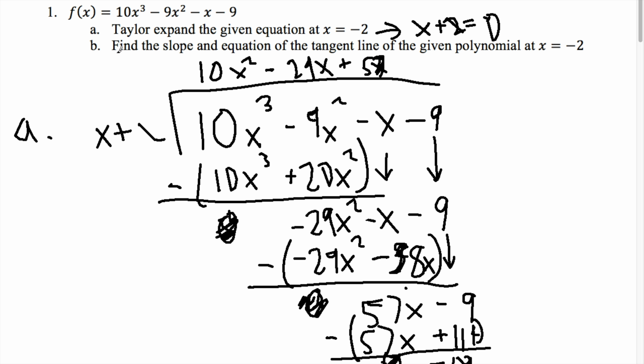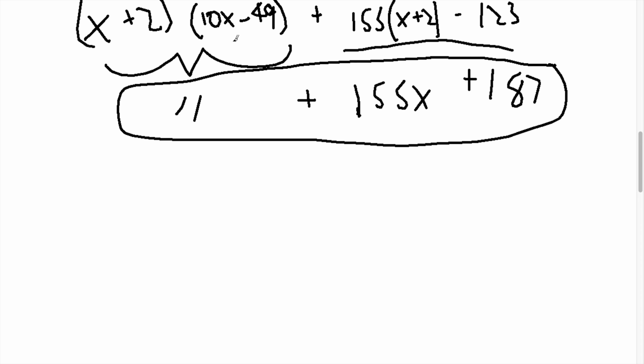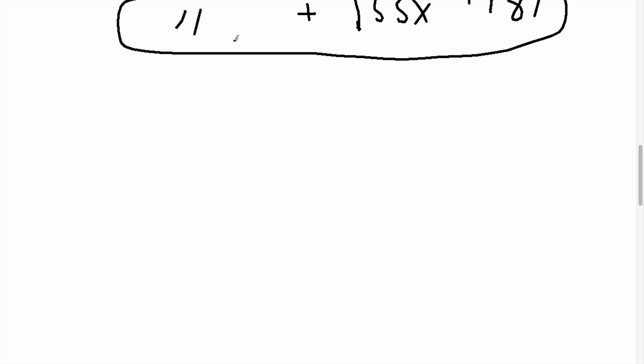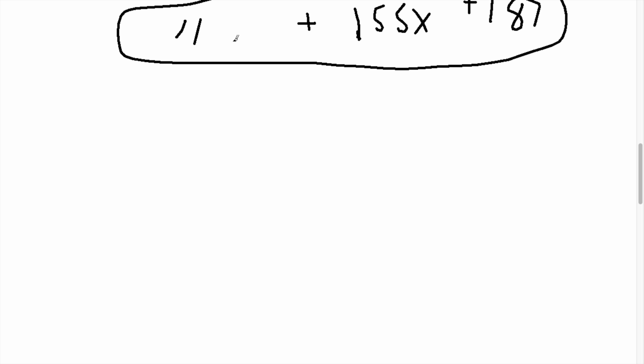Now we look at part B, which tells us to find the slope and equation of the tangent line at the same given point of the same polynomial. And that makes what we have to do very easy, because in order to find the equation of a tangent line to a polynomial equation at a certain point, all you do is Taylor expand all the way down to the end, which we have already done.